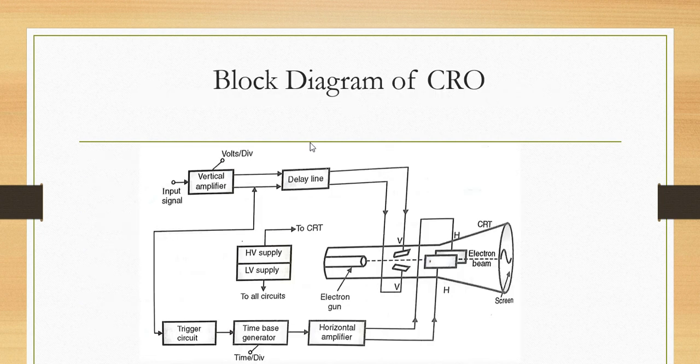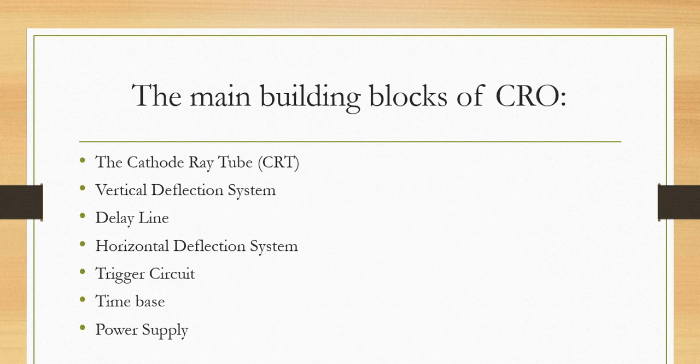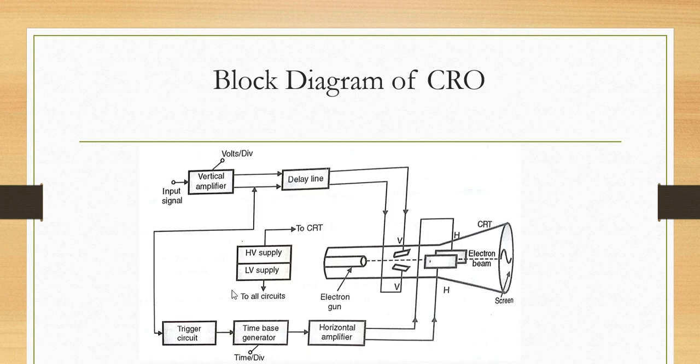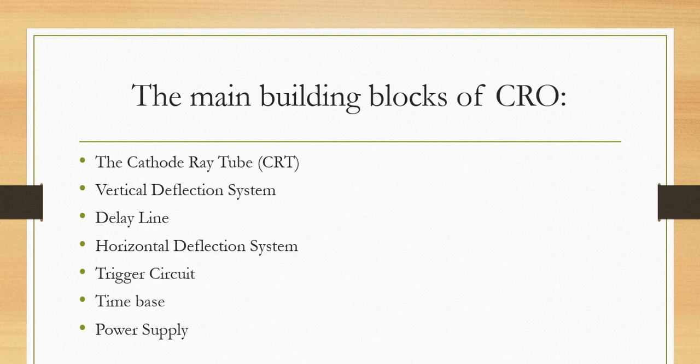The delay line is again part of the vertical deflection system, but separately we have to study its working. Then the horizontal deflection system, inside which we have to see the trigger circuit, time-base generator, and horizontal amplifier. Again, one by one we have to see these. So these are the main building blocks of the CRO.